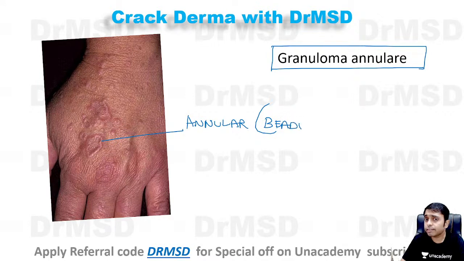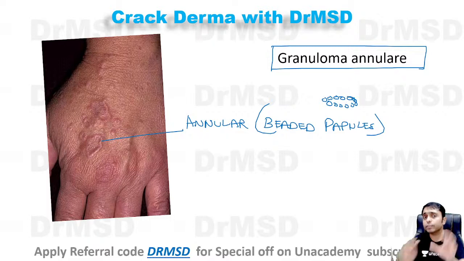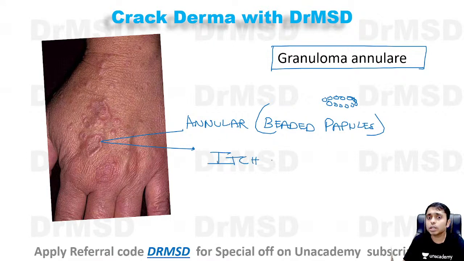If the image is zoomed in, you can observe that the papules are actually beaded in nature, small papules like this. And not only that, these annular lesions in granuloma annulare are not associated with any itching. So itching and scaling will be absent.